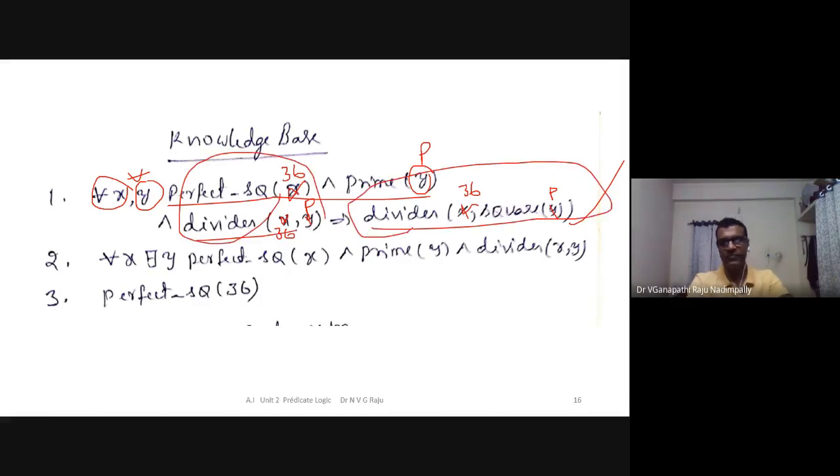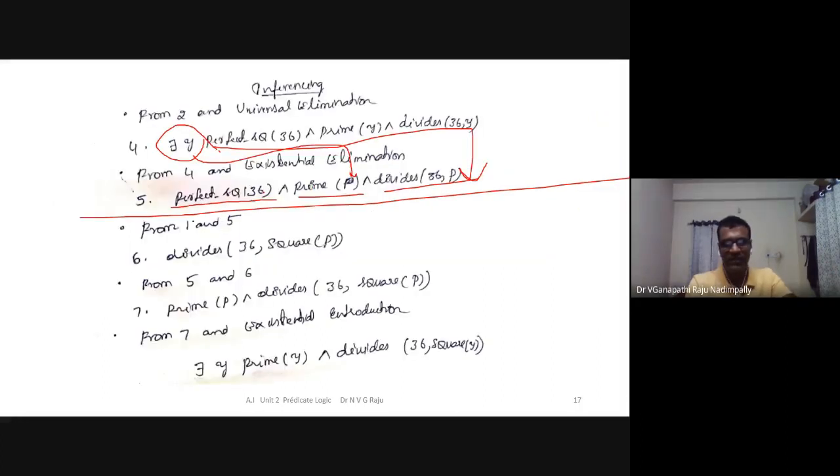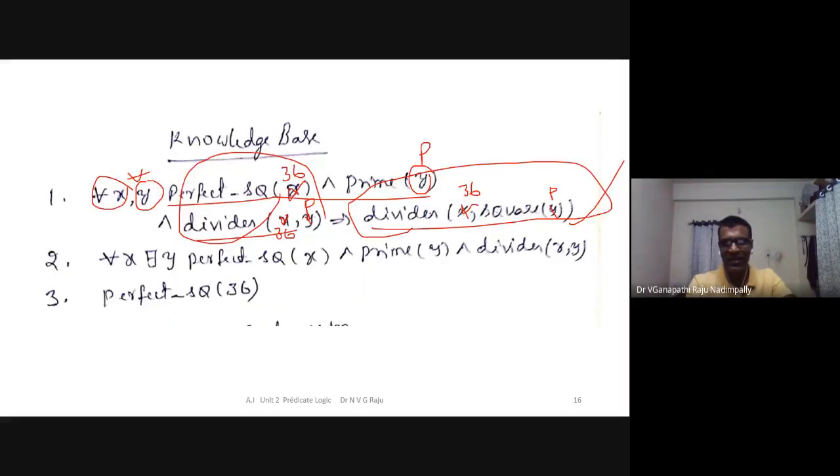Yes or no? Is it looking like statement 5? Perfect square of 36 and prime of p and divides of 36p. Now, wherever this statement is there, can I replace with divides of 36 and the square of p?